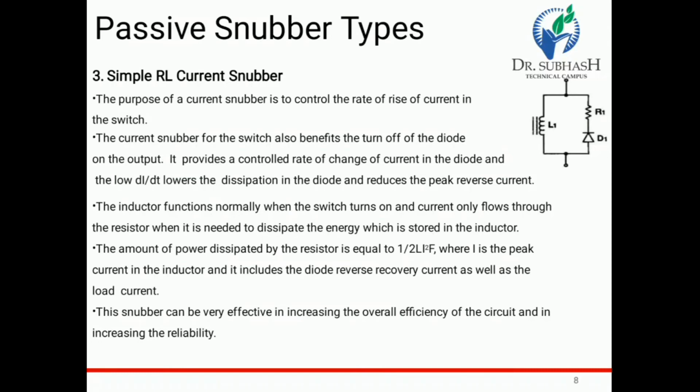So the amount of power dissipated by the resistor is equal to 1 by 2 L I square into F, where I is the peak current in the inductor and it includes the diode reverse recovery current as well as the load current. The snubber can be very effective in increasing the overall efficiency of the circuit and it increases the reliability.